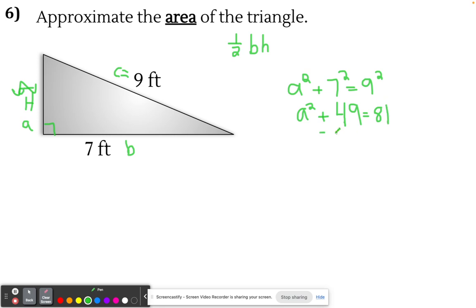Subtract 49 from both sides. And I get A squared equals 32. And my last step will be to take the square root of both sides.